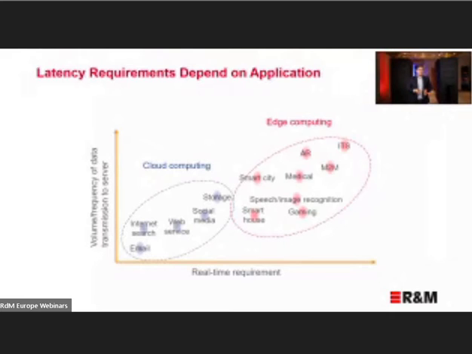At the bottom corner you can see services like email, internet search, social media, etc. Such kind of services can still work remotely, because it's not so important. We can wait additional milliseconds or even seconds sometimes to load the page, and this is not a problem for anybody. So such kind of services will remain in cloud.